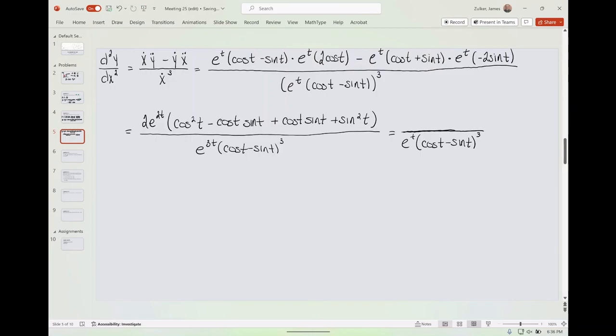So 2 over e to the t times the quantity of cosine t minus sine t cubed, right? That's how that would fully simplify.